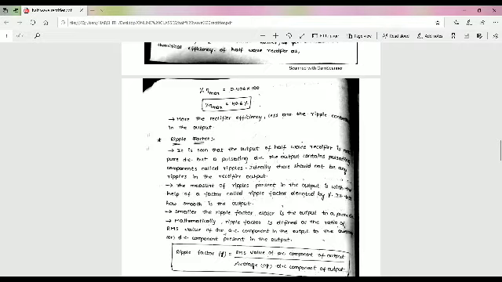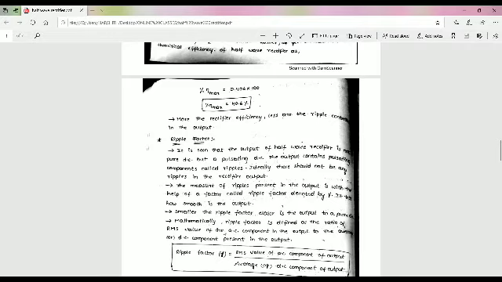Now the output current is composed of an AC component as well as a DC component. Suppose I_AC equals the RMS value of the AC component present in the output, I_DC means the DC component present in the output, and I_RMS means the RMS value of the total output current.